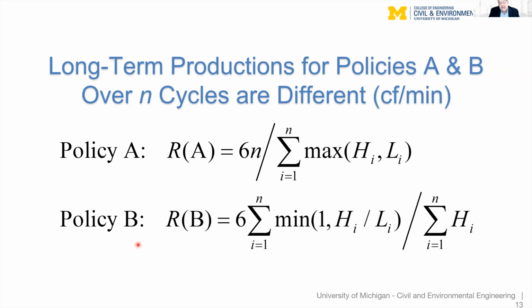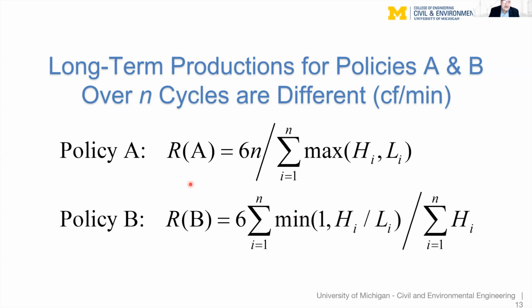And for policy B, we have 6 cubic feet times the minimum of what got loaded, either a full load if it's 1, or the ratio of H over L if L is longer than H, in which case this numerator will give us something less than 6n. But then the duration of the cycles is also less. It is the sum of all the hole cycles.